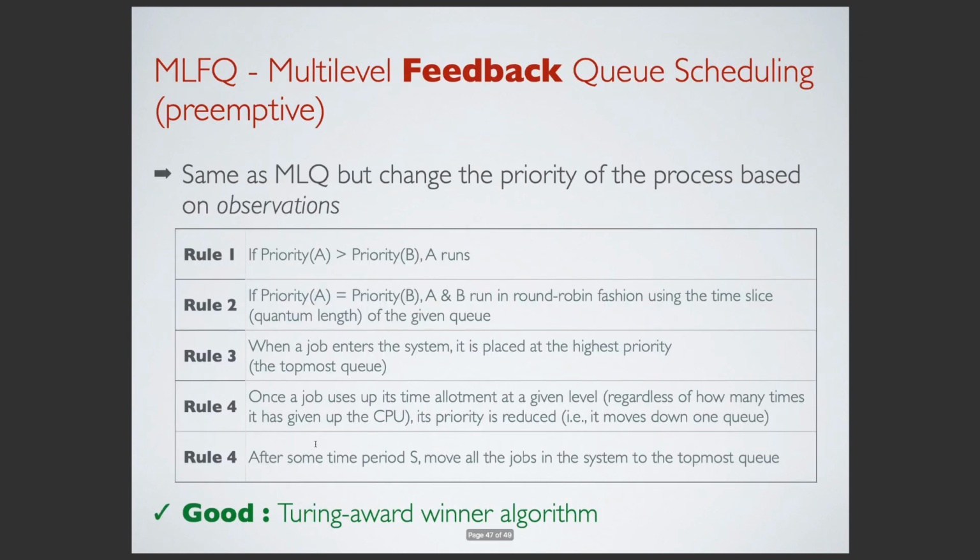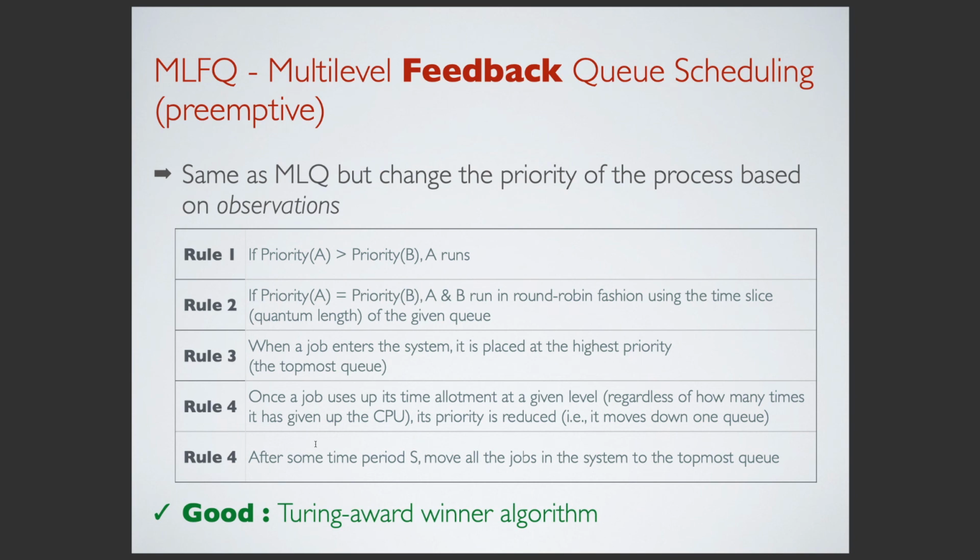Okay, and that's actually what multi-level feedback queue scheduling is doing. Let me tell you, this is actually what's running in your machine, whether it's Windows or Linux. It has some differences, okay, but the general aspects are here in this slide. So here the idea is the following.